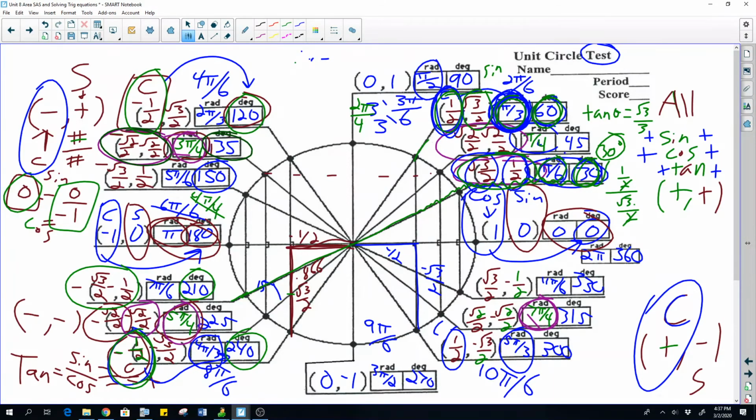Okay, well, where do we have a negative radical 3 over 2 and a half? To keep it negative, only one of them needs to be negative. So right over here, right? Transition across to the second quadrant. And so here is radical 3 over 2 divided by negative a half, sine over cosine. So that's at the 120 degrees.